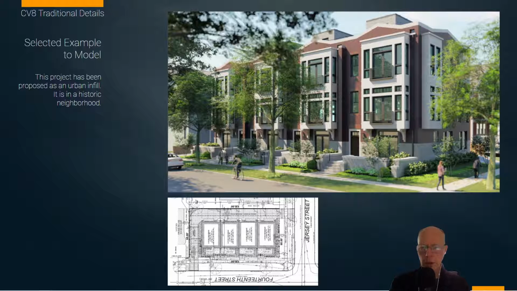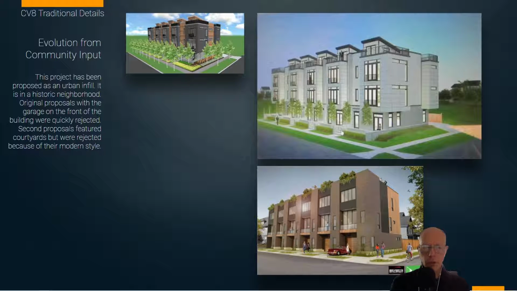I mean, the bump outs, the way the bump outs have the trim on them, but also these little peaks hinting at pitched roofs, this ornamentation of the brackets down here, all trying to create a sense of a historic fabric to the neighborhood that they were fitting into. And that was an evolution, because down here on the right-hand side at the bottom, we have one of the first proposals of this.